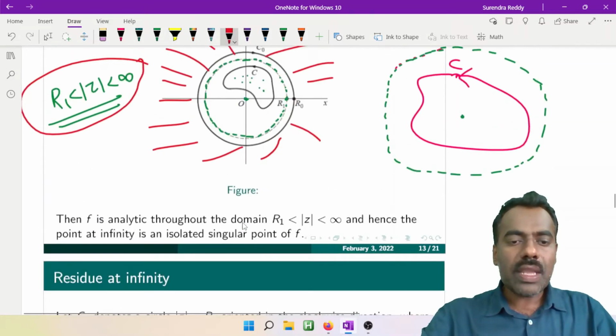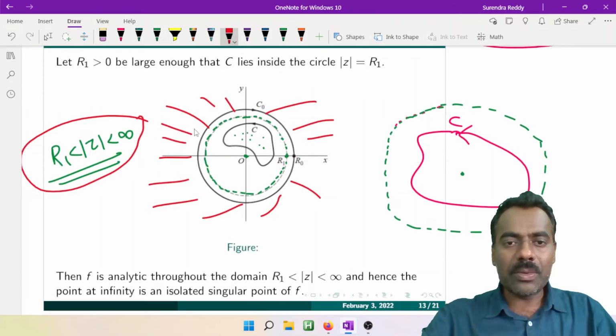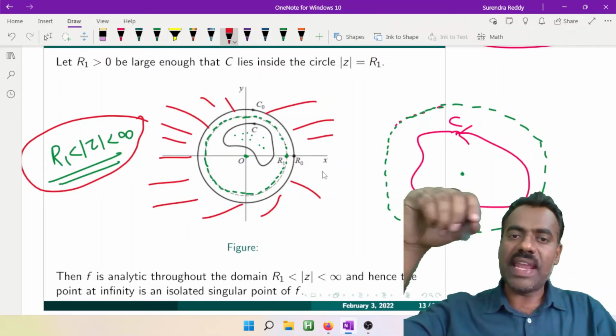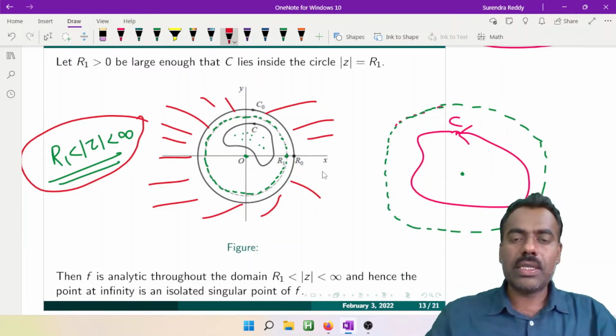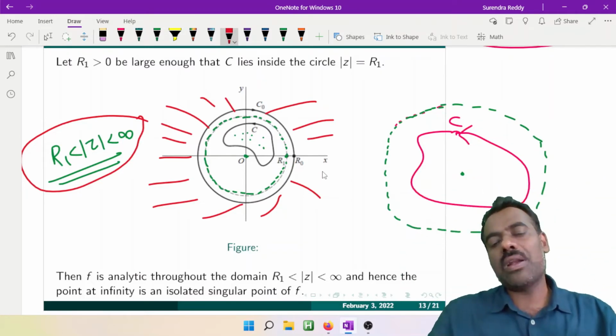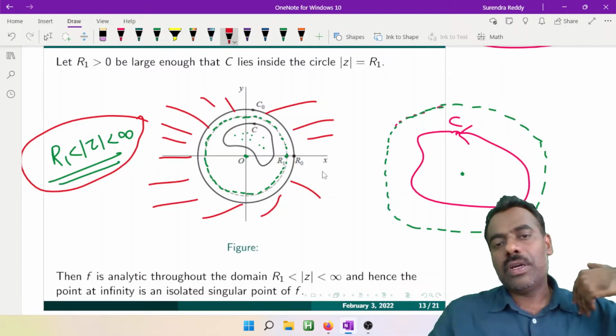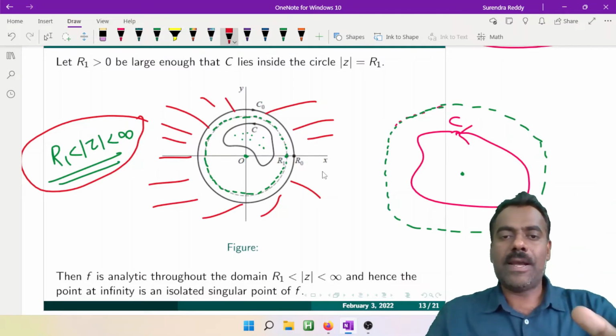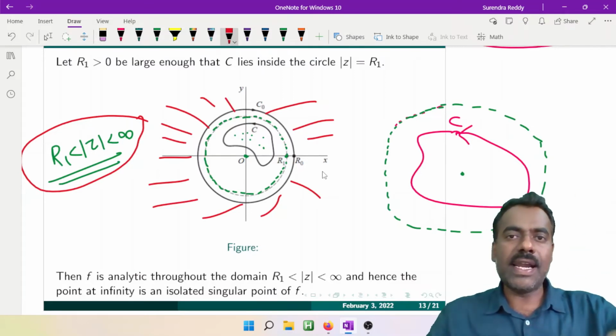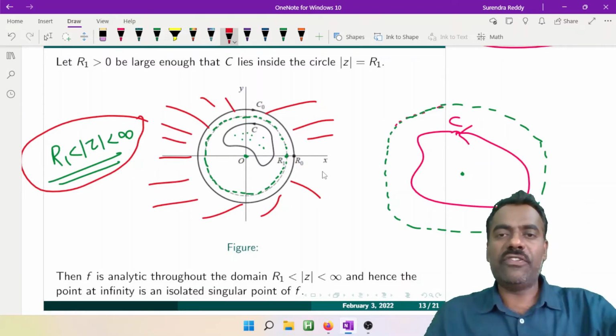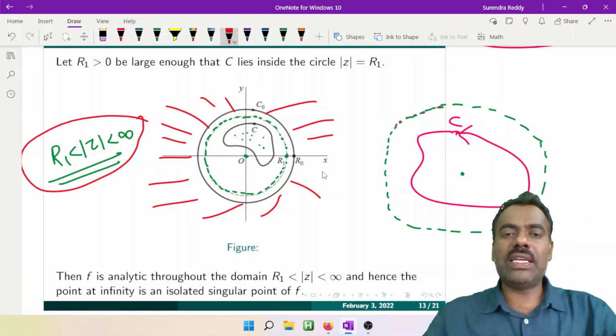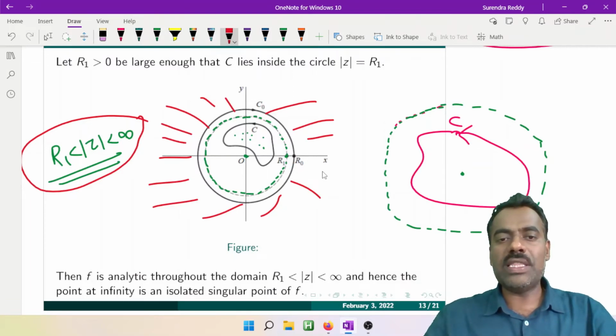Because this C naught is taken in the clockwise direction, what is meant by clockwise direction? If you stand on that circle C naught, what you get on the left side? Whatever direction you stand, your face should be in this direction.